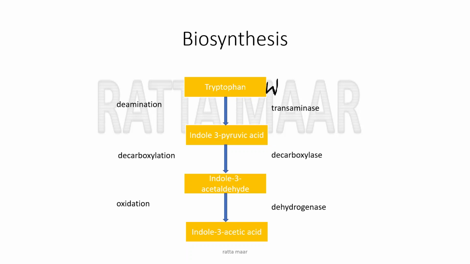Tryptophan is denoted by W. Deamination of tryptophan leads to indole 3 pyruvic acid with the help of transaminase. Then decarboxylation of indole 3 pyruvic acid yields indole 3 acetaldehyde in the presence of decarboxylase. And finally, the oxidation of indole 3 acetaldehyde yields indole 3 acetic acid in the presence of dehydrogenase.